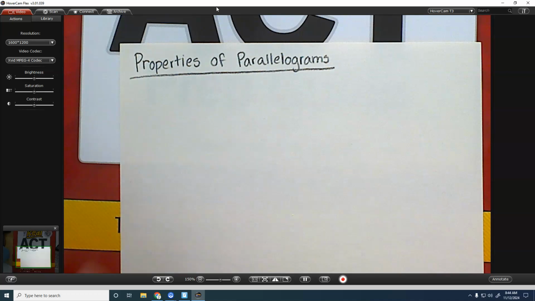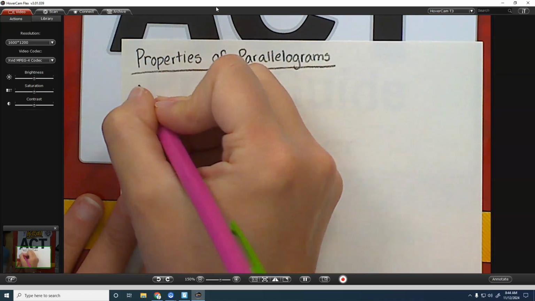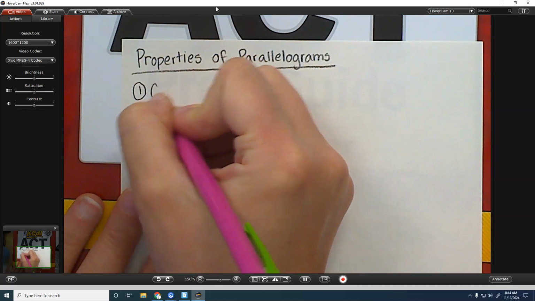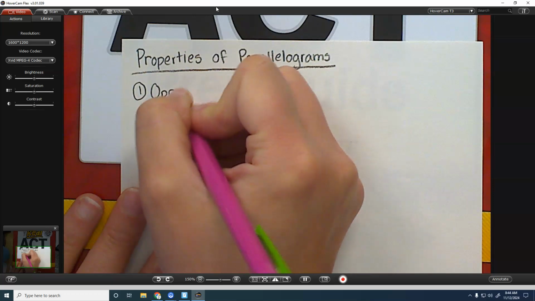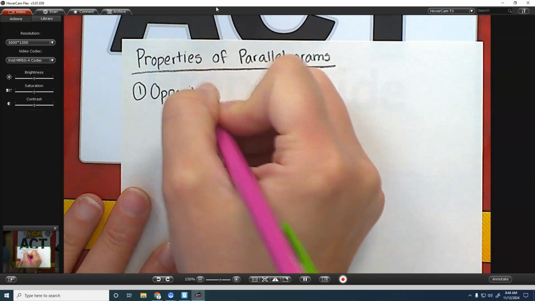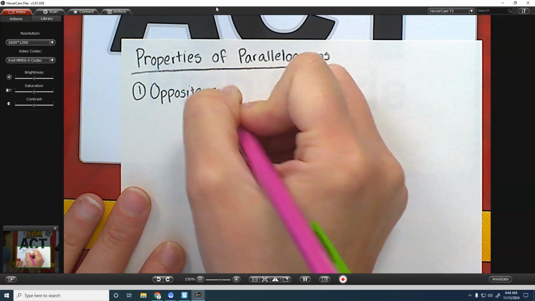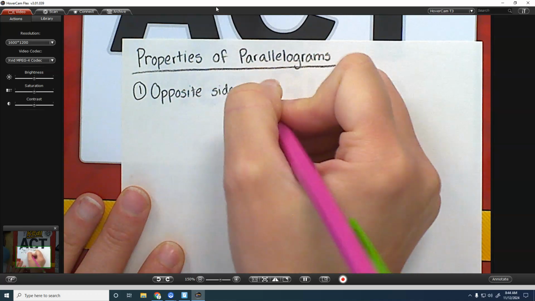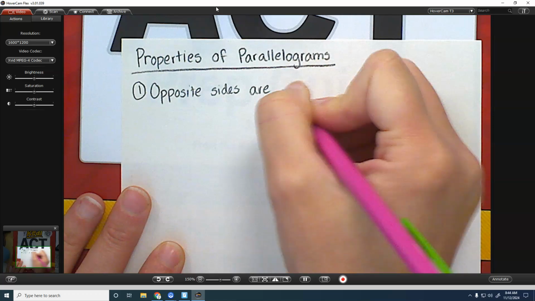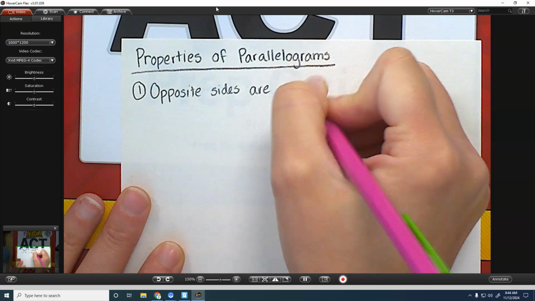So our first property is that opposite sides are parallel.